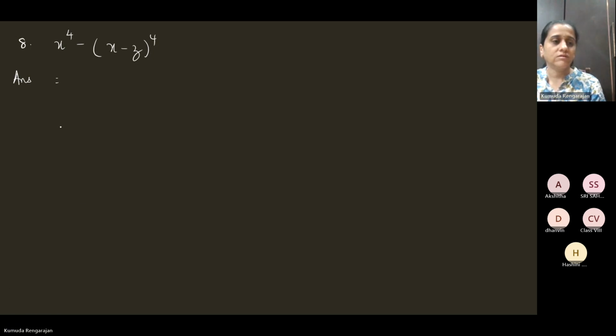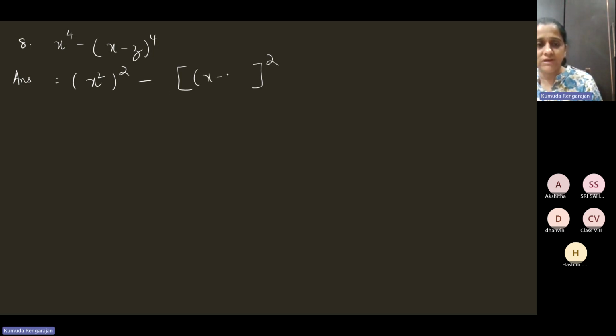See, a squared minus b squared. So this is a: x squared is a, minus b. What is b? x minus z, the whole square. This is b, because 2 into 2 is 4.